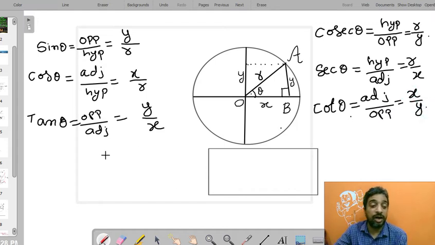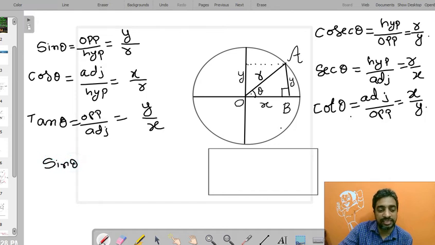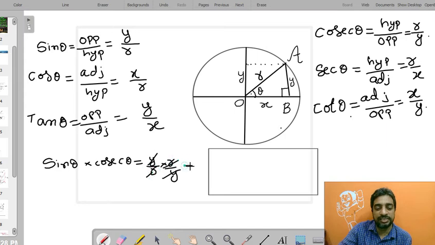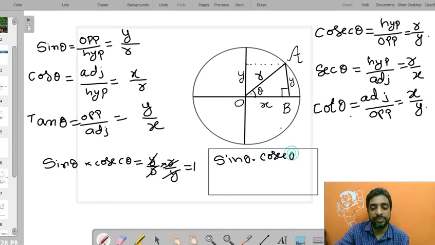Now let us do some practice. Sine theta into cosec theta, what happens? Sine theta is y by r, cosec theta is r by y. So y gets cancelled, r gets cancelled, we get 1. Sine theta into cosec theta is equal to 1. If the product of two numbers is 1, then both are reciprocals.